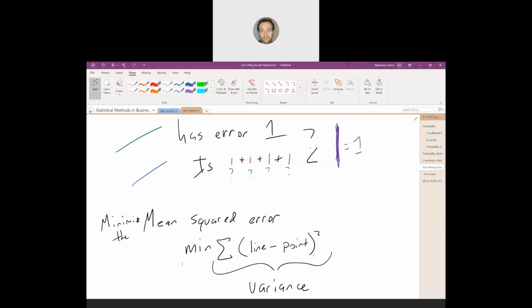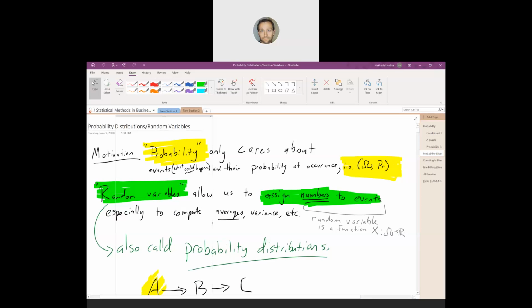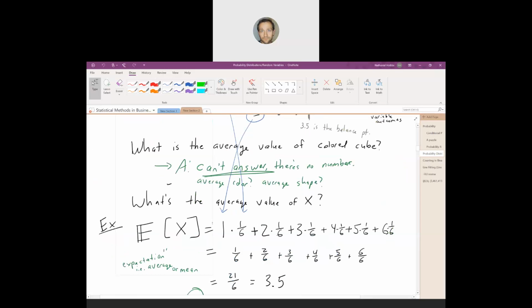The variance is how far on average things are different than what you expect. Not everything is the same as what you expect. Actually, I think I drew something here. Let me go to this.